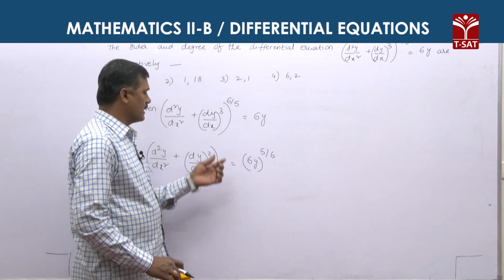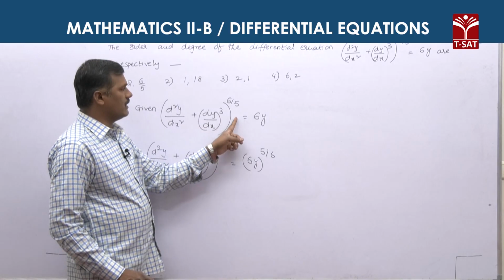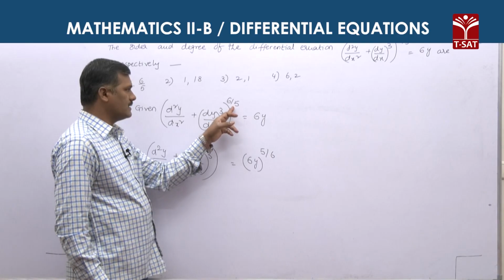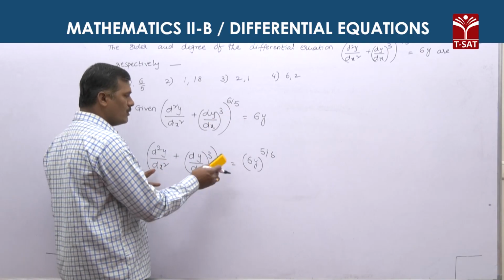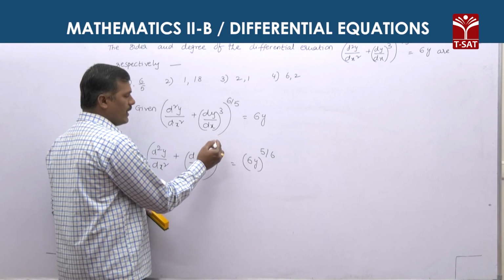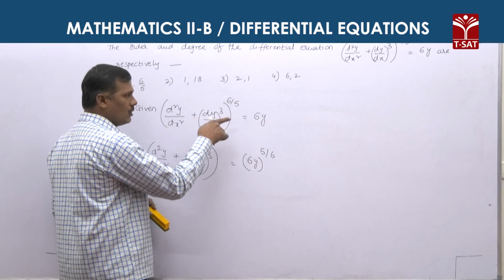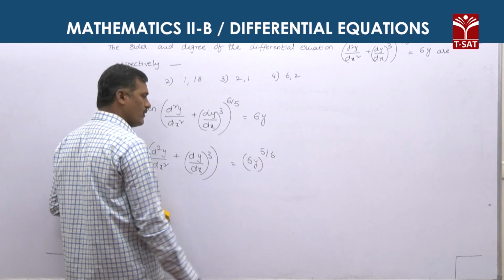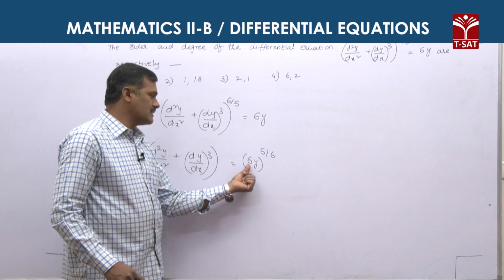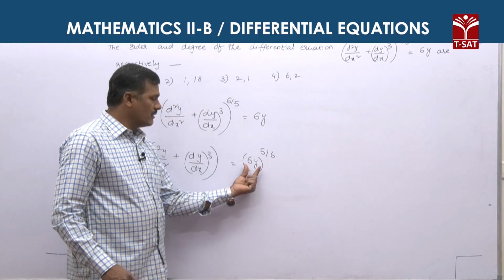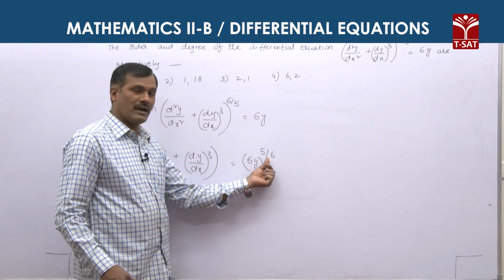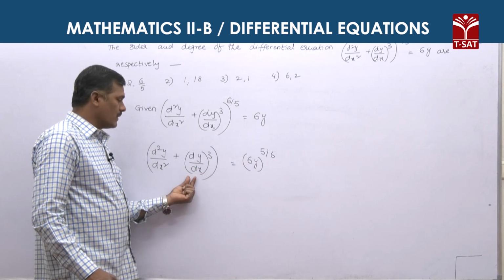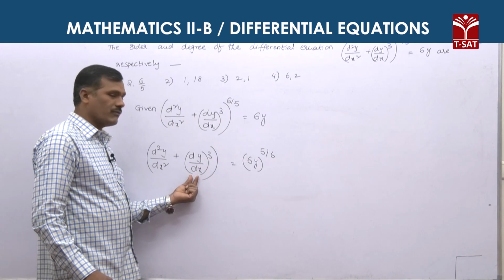Once again I will explain, this is the given differential equation. Here 6 by 5 is a fraction. Now raising power 5 by 6 on both sides. 5 will go and 6 will go. It is free from fractions, and 6y whole power 5 by 6. But 6 is a constant and y is a variable. But these type of functions, differential coefficient functions, should not contain fractions.